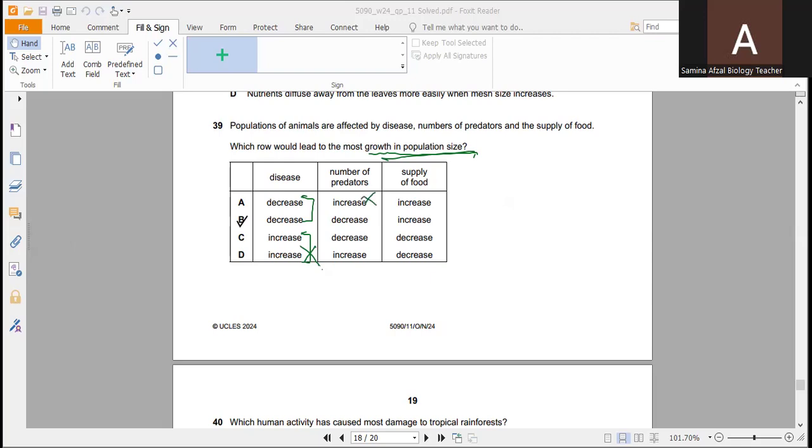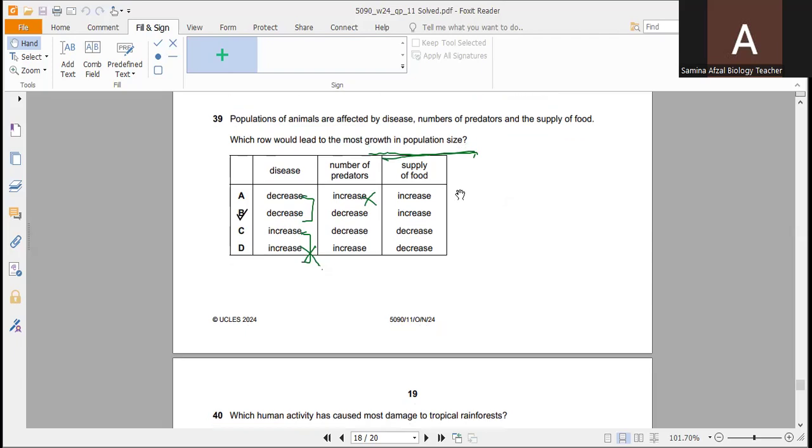In case disease is decreasing but the number of predators is increasing, the supply of food should also increase. So A is also not correct.